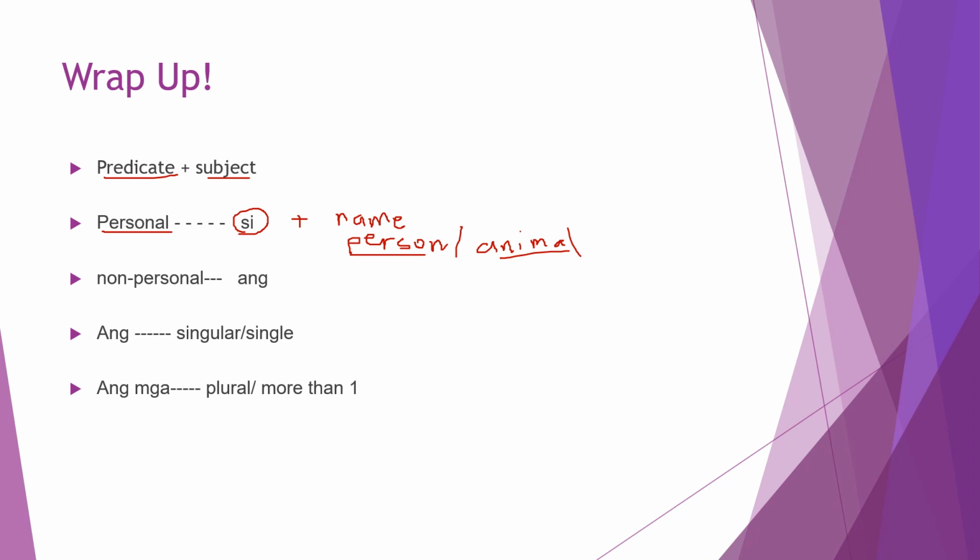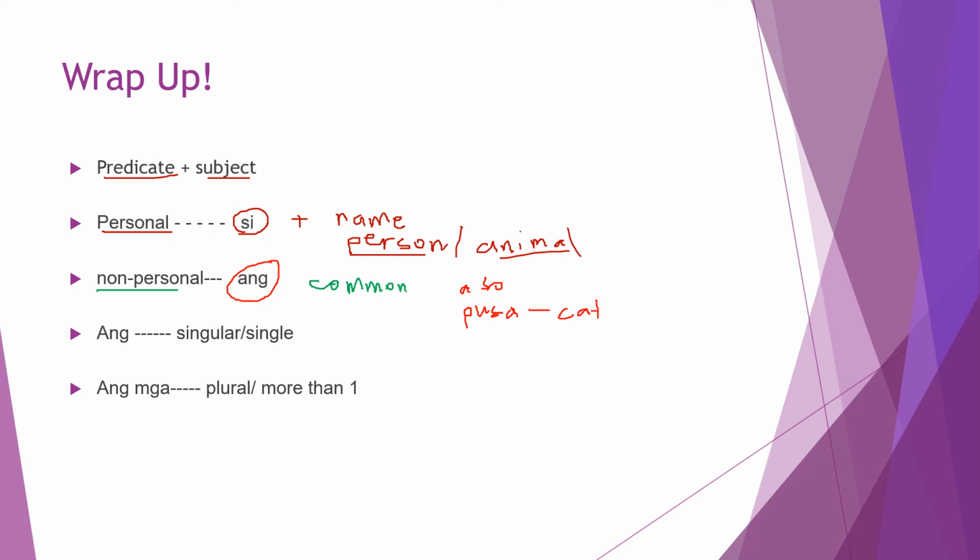The next one is non-personal. Non-personal are those common nouns. And we use the marker ang. Like ang aso, ang pusa. Okay, we have here another word, pusa, means cat.